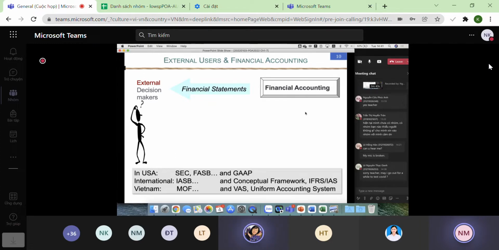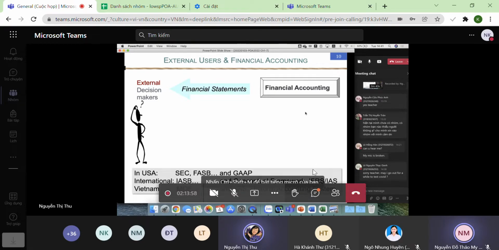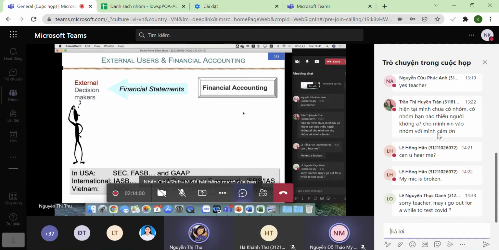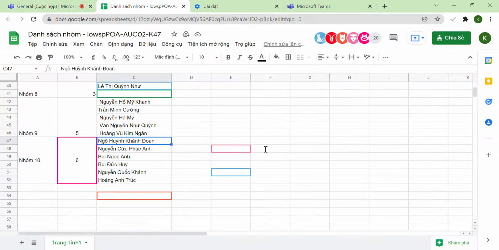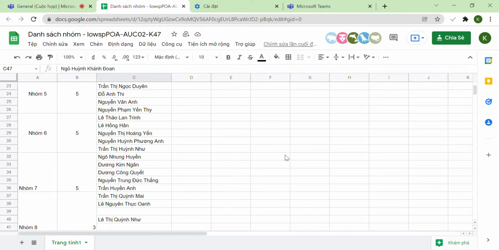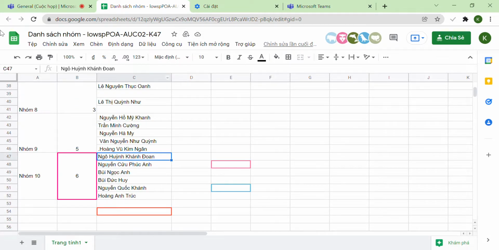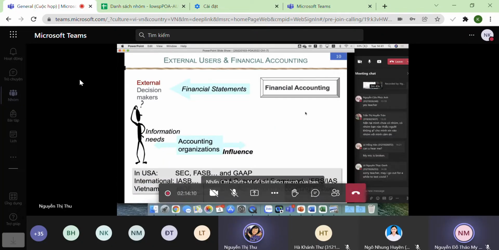They cannot go to the company and ask the accountant to provide that kind of information, right? So how can the accounting system provide the information that they need? We need the role of the accounting organization.